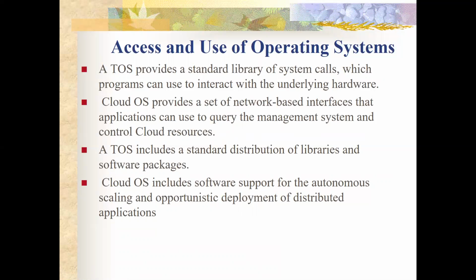A traditional operating system includes a standard distribution of libraries and software packages. A cloud operating system includes software support for the autonomous scaling and opportunistic deployment of distributed applications. So actually more than this.